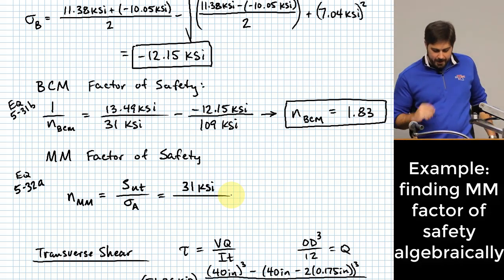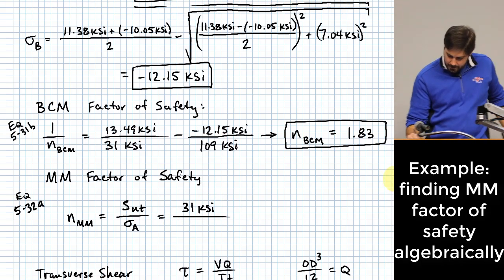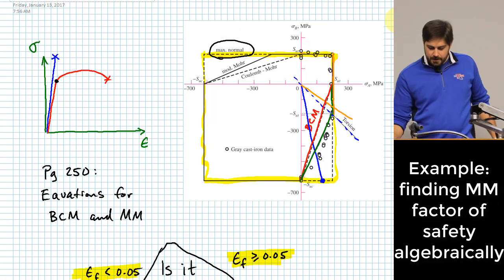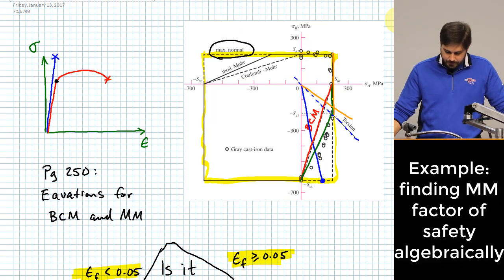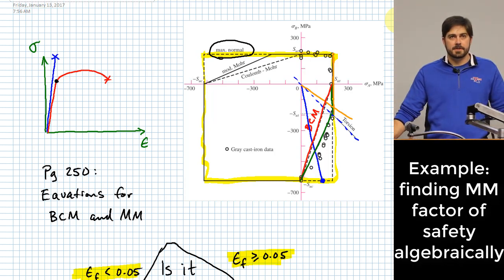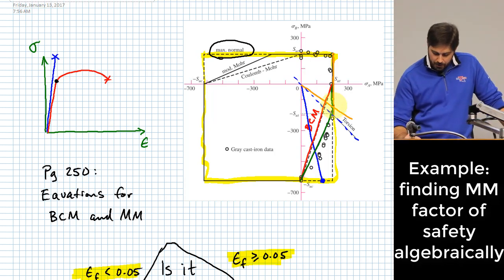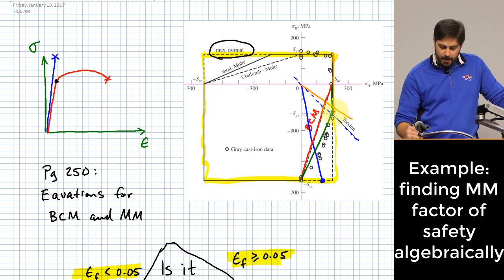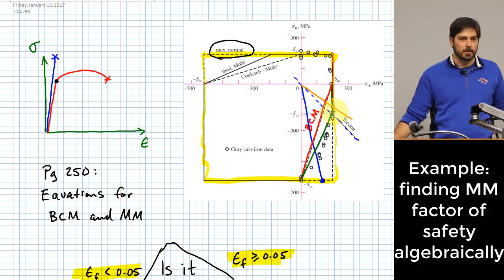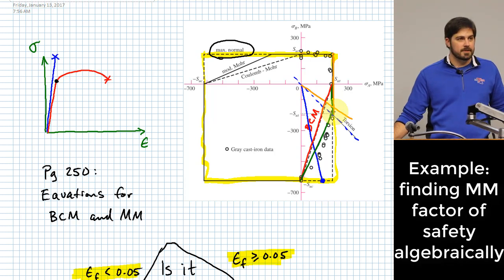The reason why is that if you go back up and look at this plot, since our ratio sigma B over sigma A is less than 1, it means I'm in this vertical portion of the line, which means that my sigma A component is the only one that matters with respect to where it crosses.